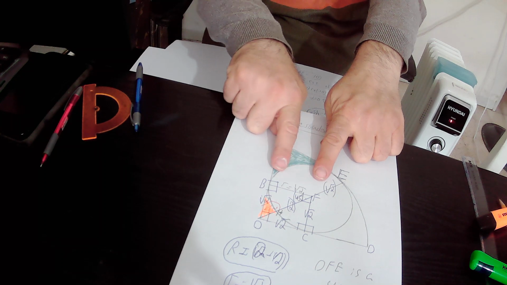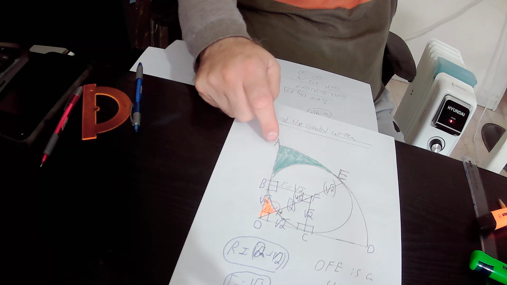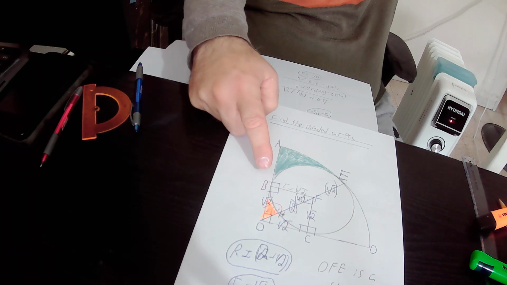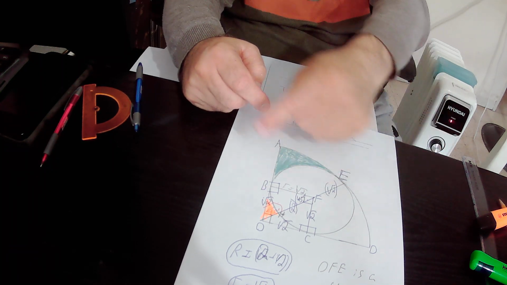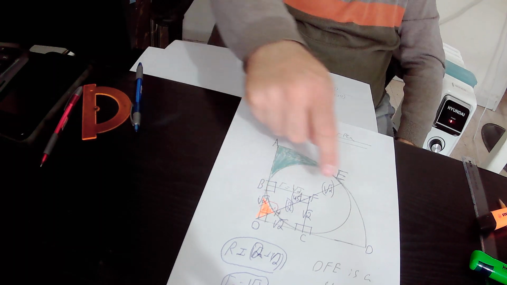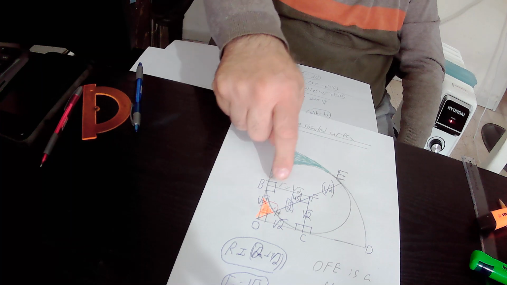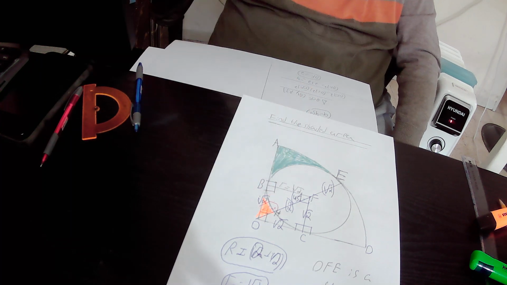The radius FB is drawn to point B, that is the point of tangency of tangent AO with this circle. And whenever you have a radius that is drawn to the point of tangency, then tangent AO will be perpendicular to the radius BF. If AO is perpendicular to BF, it means that this angle equals 90 degrees and this angle also equals 90 degrees according to rule 1.